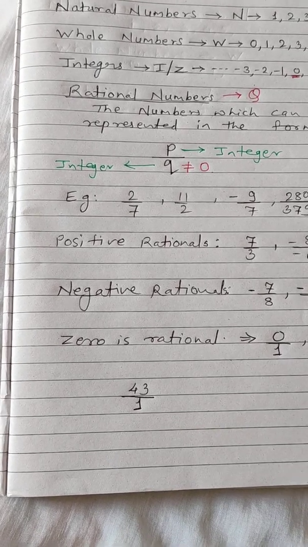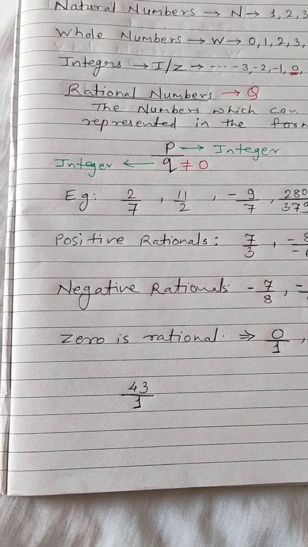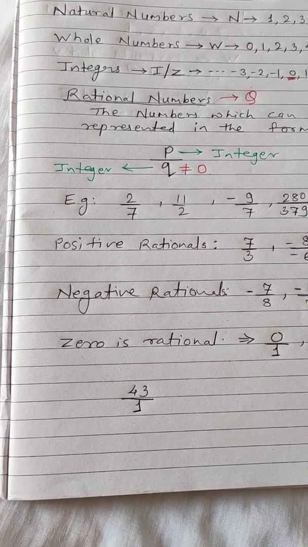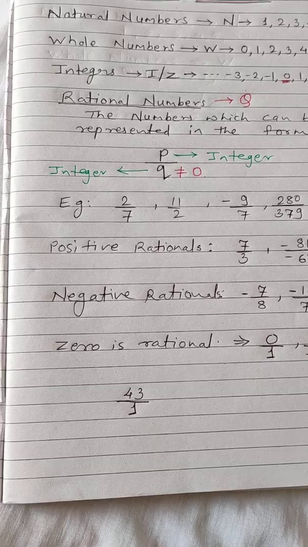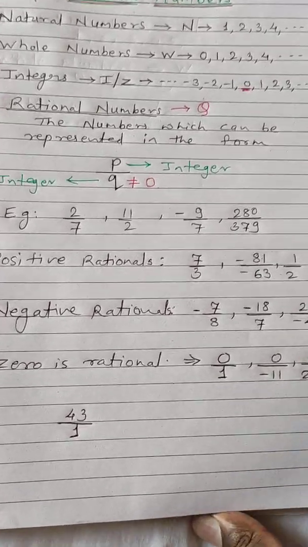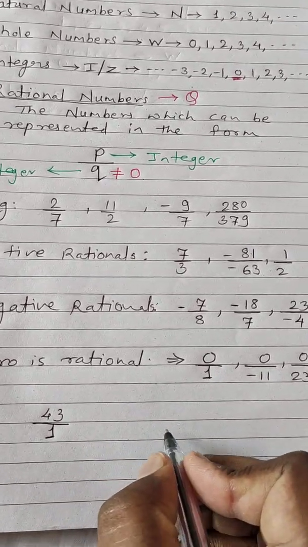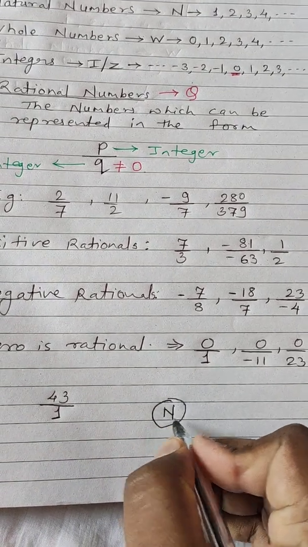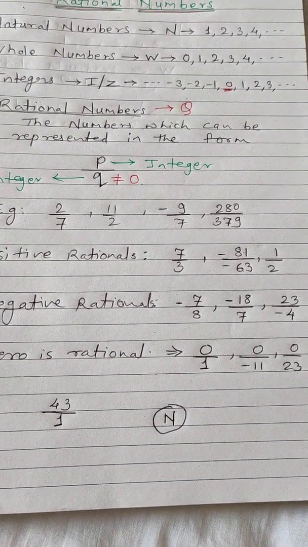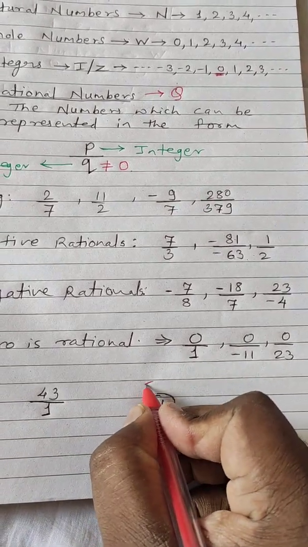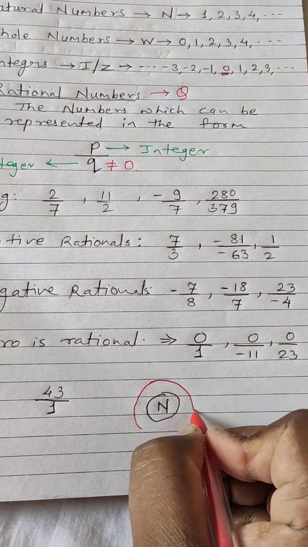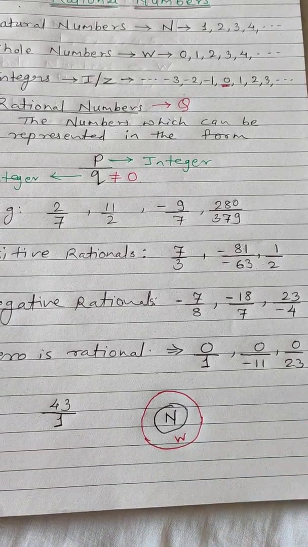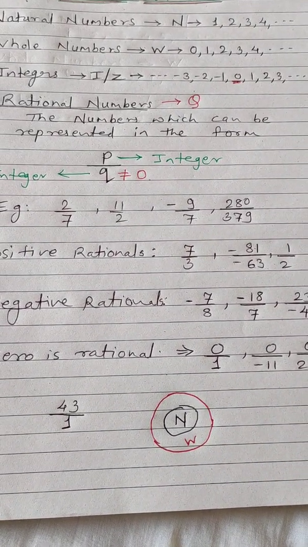If we write any whole number, its denominator will be 1. And if we write any integer, its denominator is always 1.